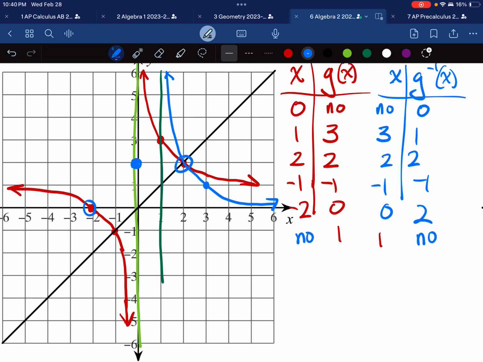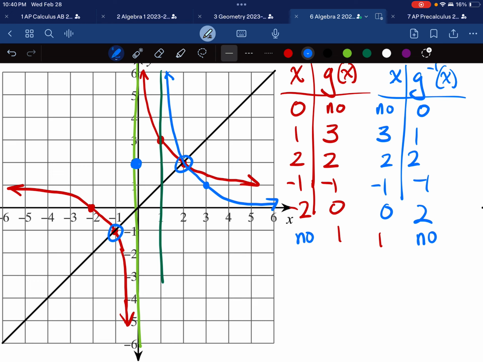what do we have happening over here? I feel like I've graphed this one wrong as well. -1, -1 is not this point right here, but this point right here. -1, -1 is this point right here, and 0, 2, which means we have... what's going on?